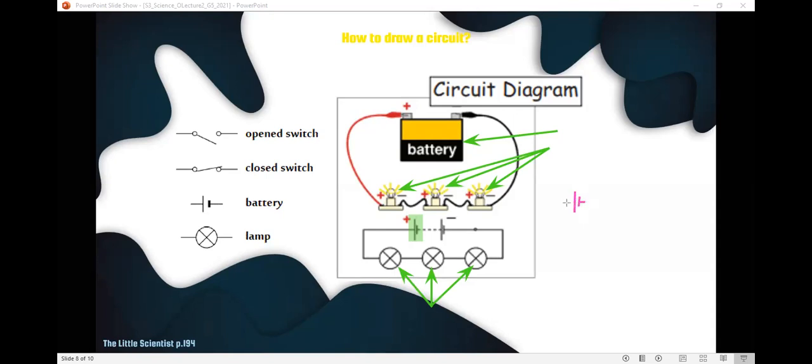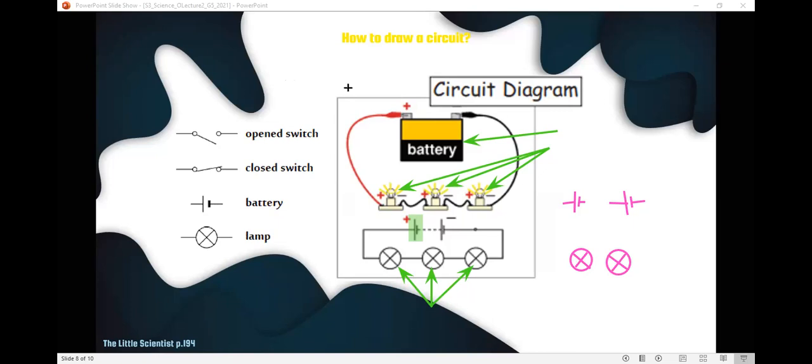This is 1. This is 2. And we said I also have 2 lamps: 1, 2. This is the light bulb, and this is the light bulb.